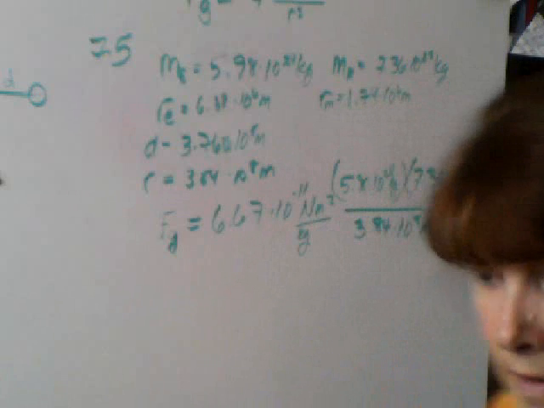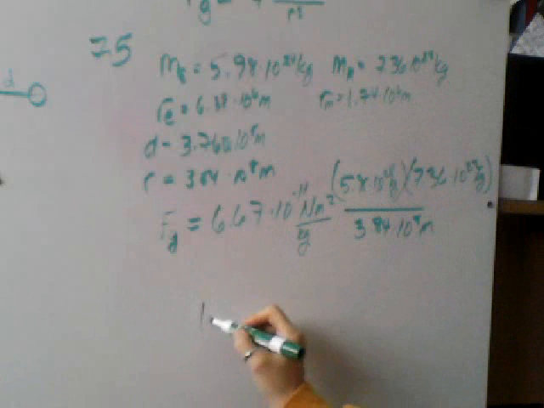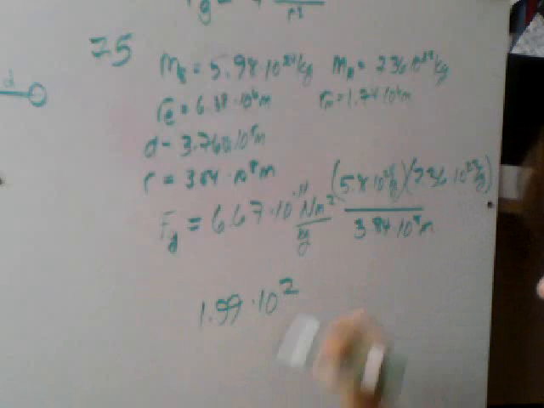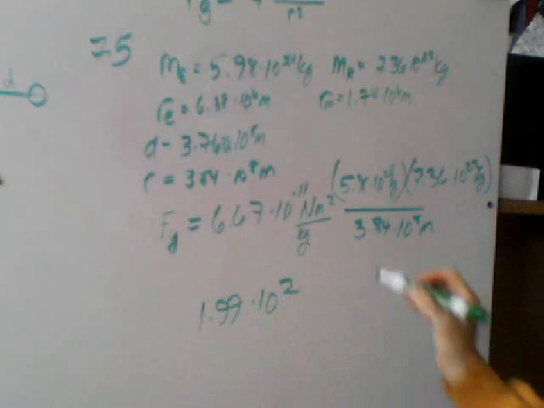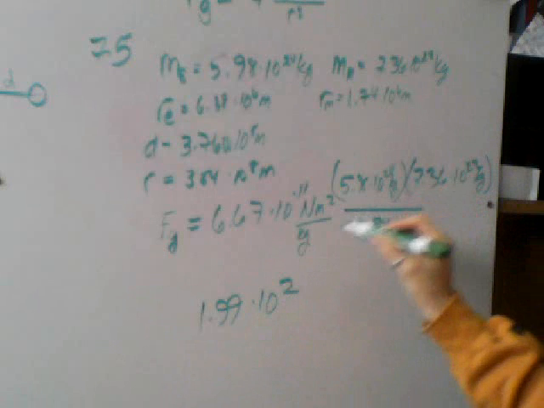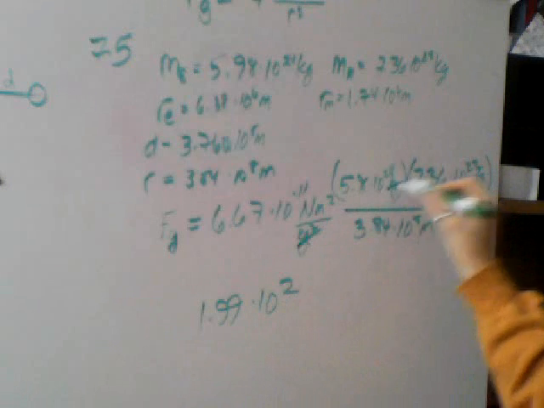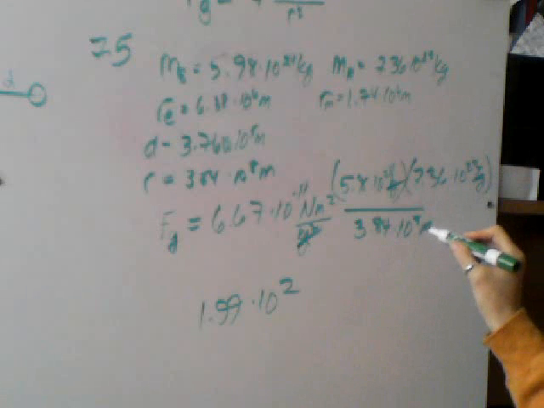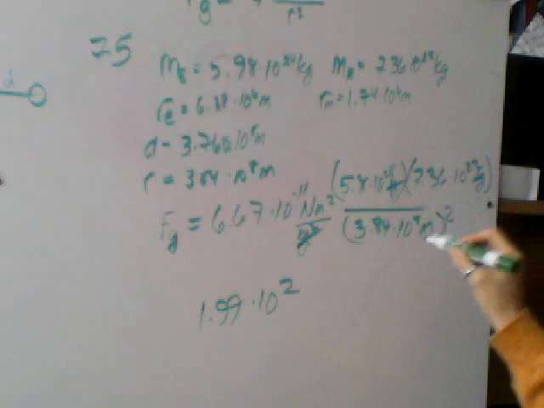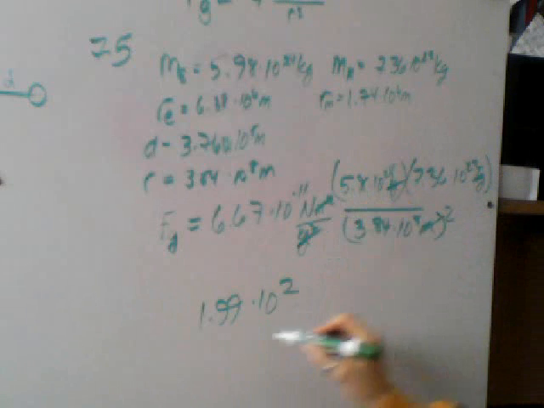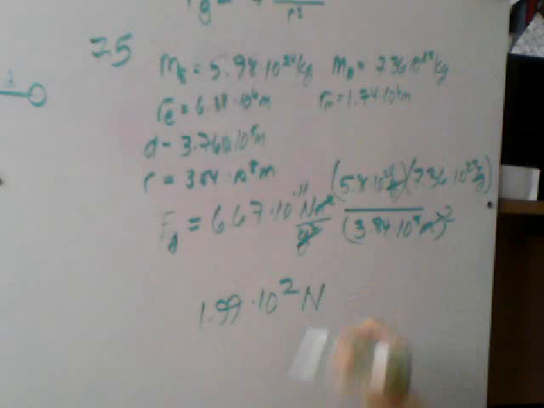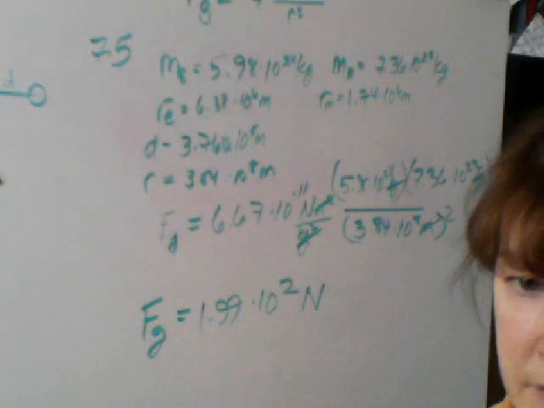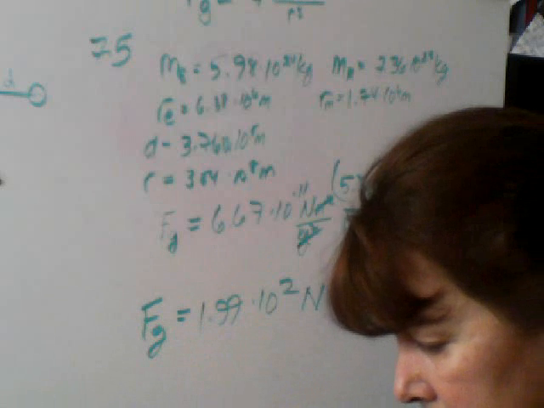And so we plug all that in, and we get 1.99 times 10 to the 20th. The units will be, hopefully, our kilograms squared cancel out, and this is squared, so our meters squared cancel out, and we are left with newtons, which is good because we are looking for a force. Force is always in newtons.